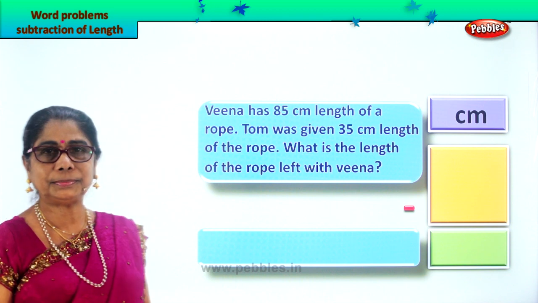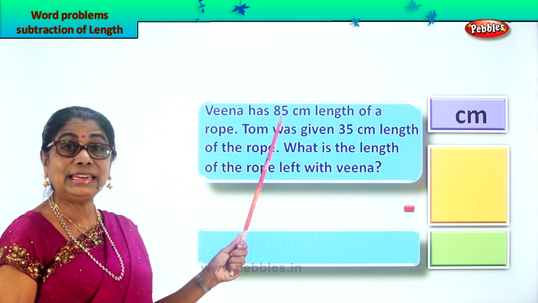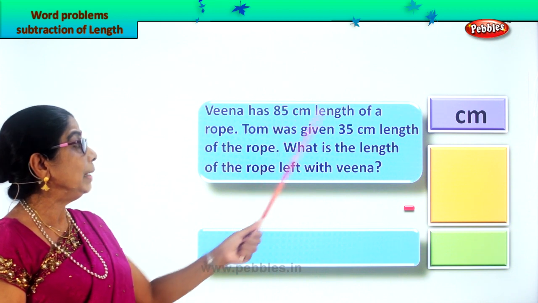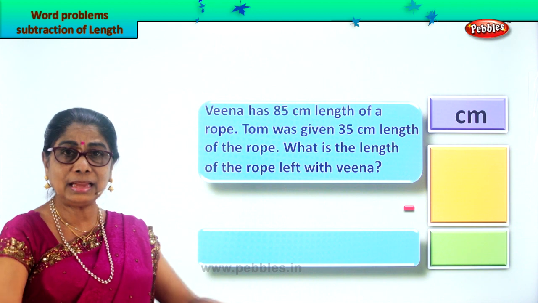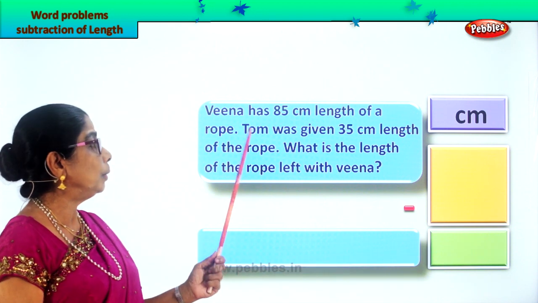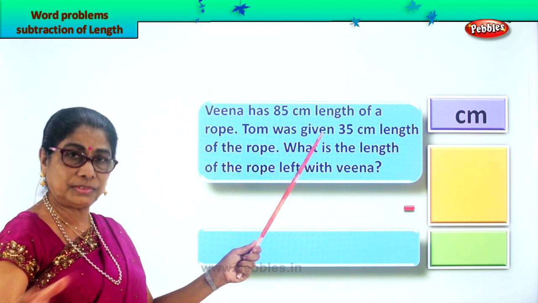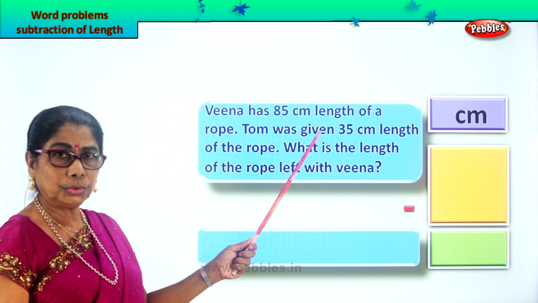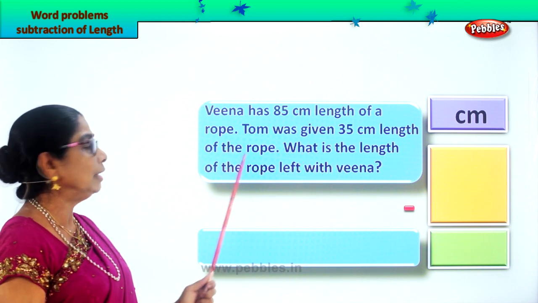Let's read together. Here, Veena has an 85 centimeter length of rope. Now, Veena gives Tom 35 centimeters length of that rope.